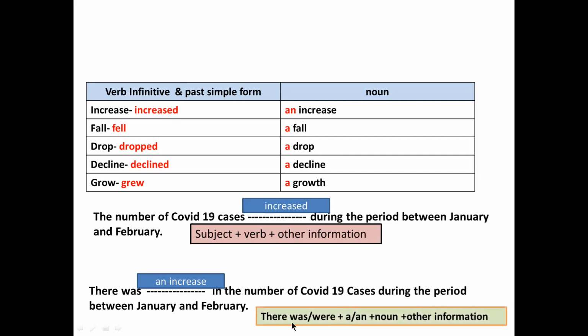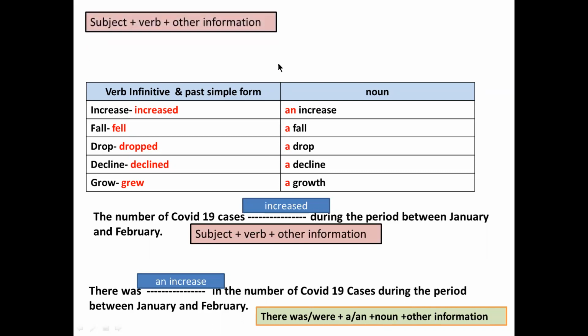So take a look at the structure of the sentence. There was, there were, it's followed by the article, a or an, and the noun and other information. So for a subject, verb, other information type of sentence, an SVO type of sentence, we use the past simple form of the verb.